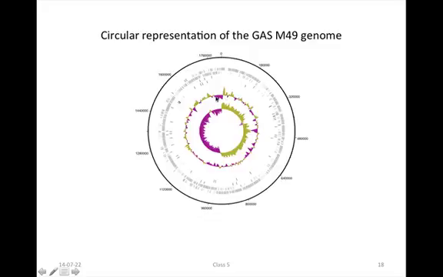And what they're doing is just mapping out the GC content as well as the forward and the reverse genes. So track 1, forward reverse, track 2, GC, 3, 4, 5.